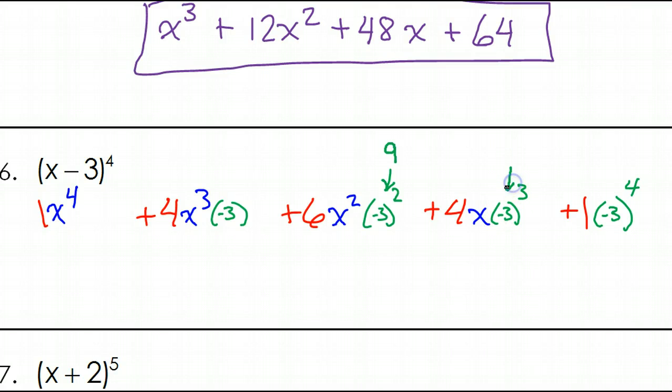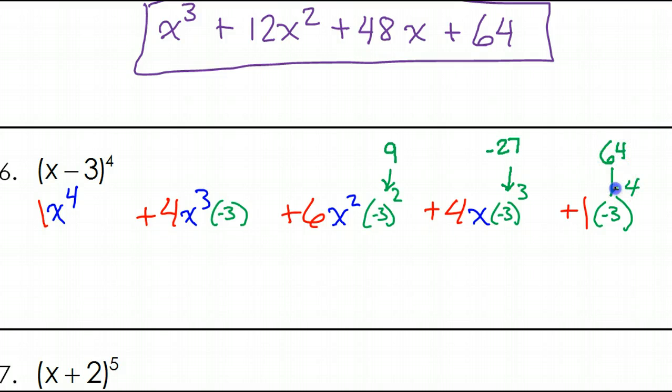So this is going to be negative 27. 3 times 3 times 3 is 27, so negative 3 times negative 3 times negative 3 is negative 27. Now this one, when you're raising a negative number to an even power, it will be positive. So this is going to be a positive 64.